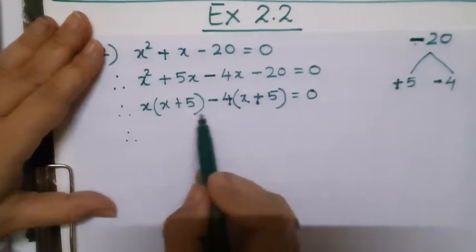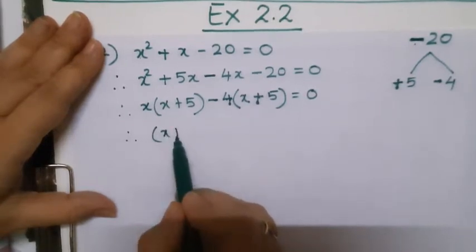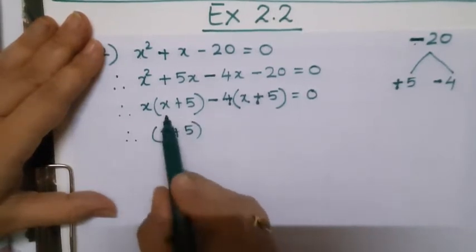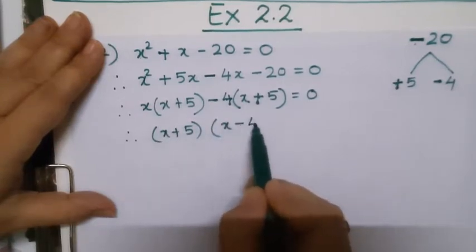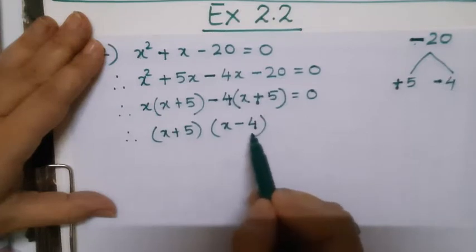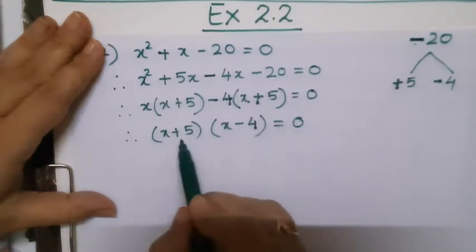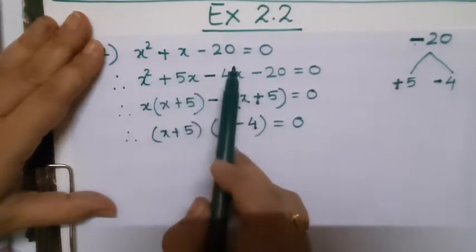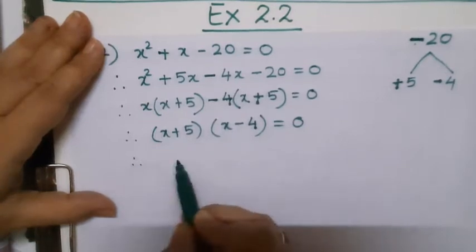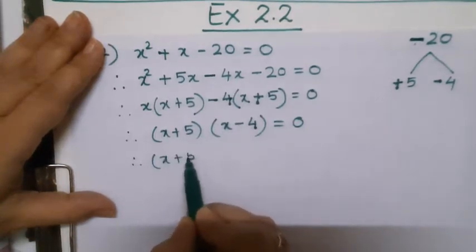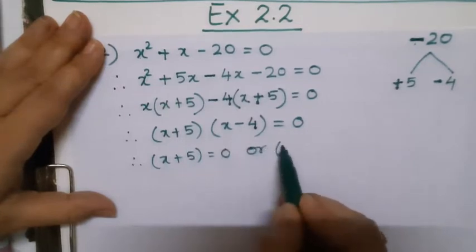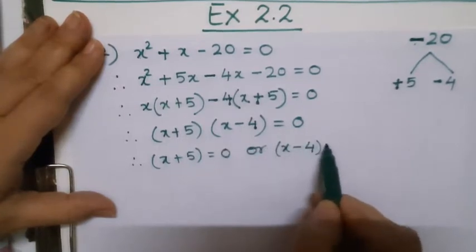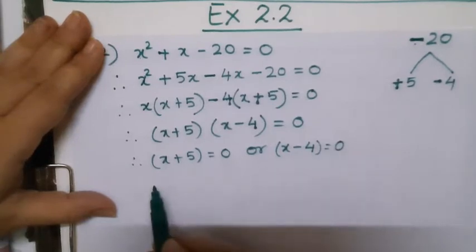Now in both the brackets the terms are same, so it will be common. What will become in the second bracket? X minus 4, is equal to 0. So these are the factors of the polynomial. Now how will we solve the equation? We will take x plus 5 is equal to 0 or x minus 4 is equal to 0.